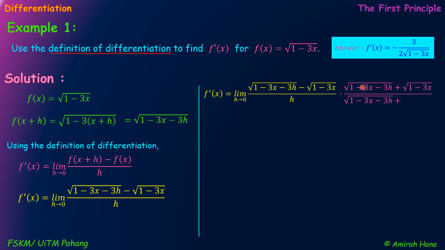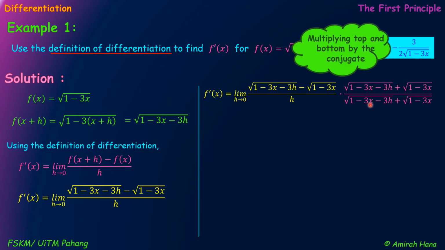We need to multiply top and bottom by the conjugate. Why? Because when top and bottom are equal, it equals 1, and 1 multiplied by any value or function doesn't change the original value. That's why we multiply top and bottom by the conjugate.